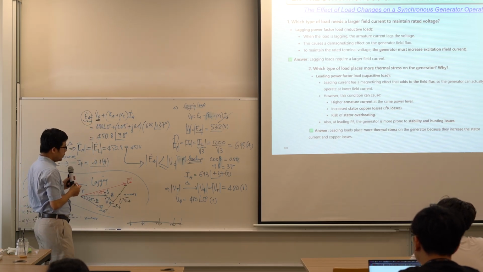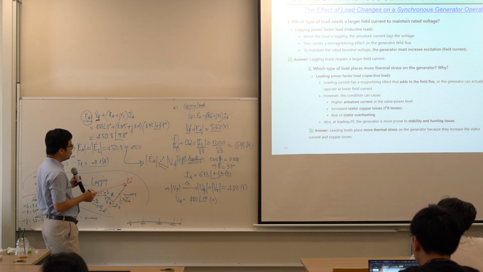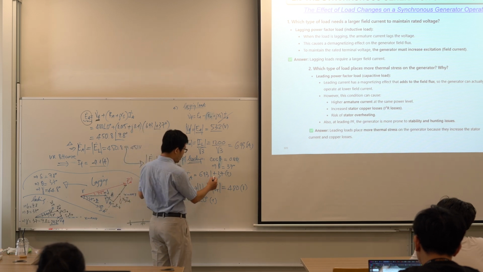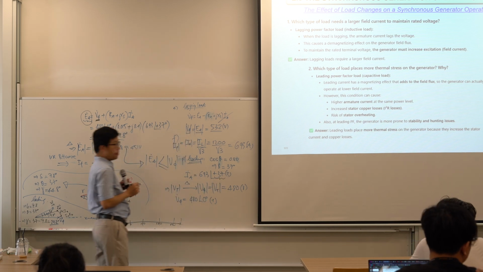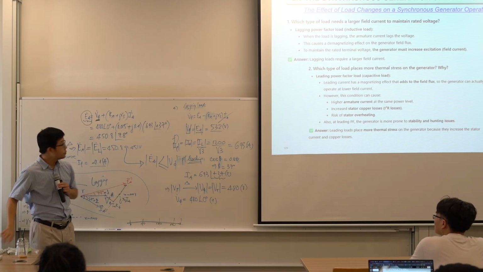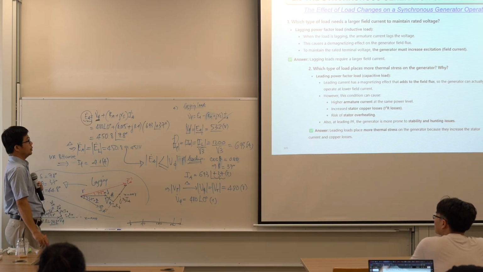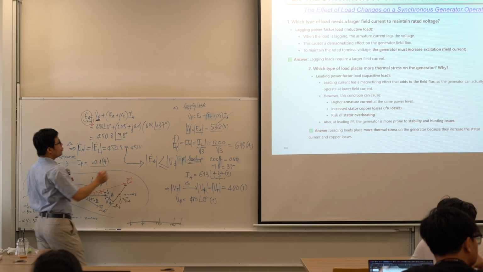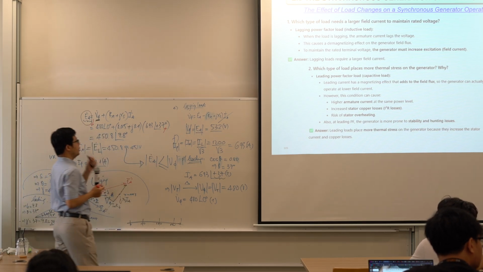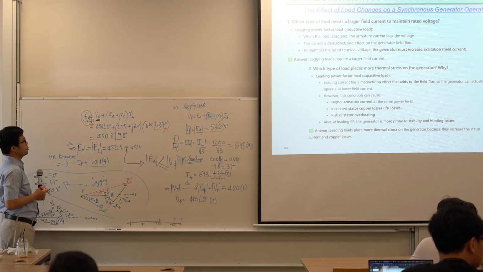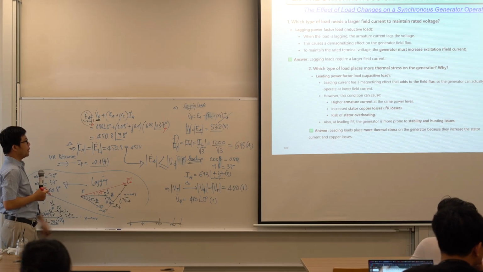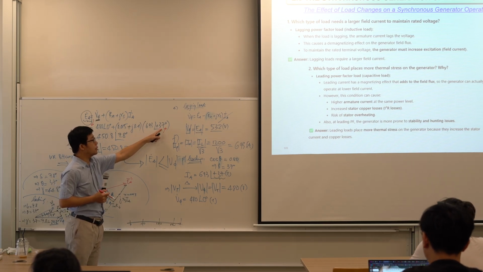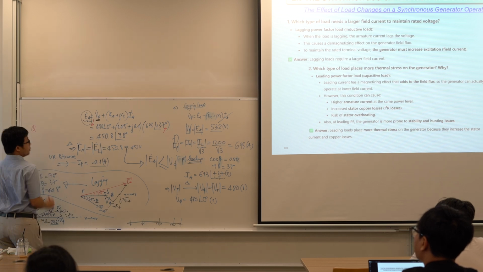That means you need more phase angle, right? This is constant. So when we reduce EA, we need to increase the phase angle because the load current is constant. So if we increase delta, that means we increase Q, right?